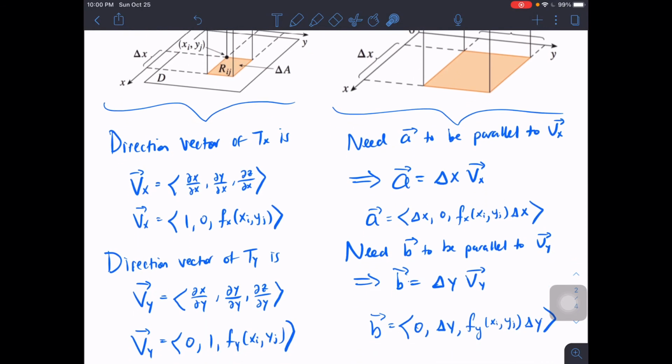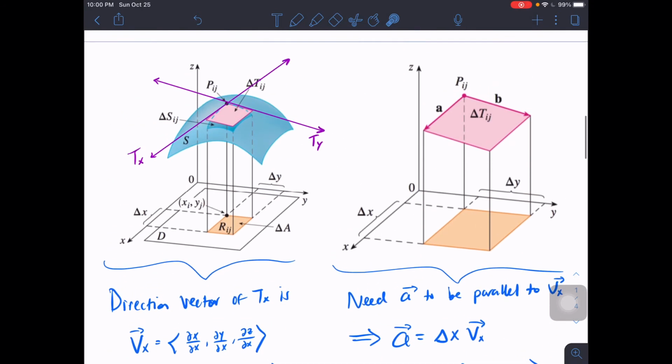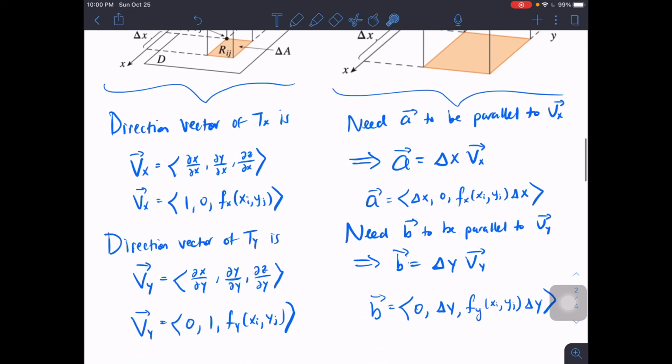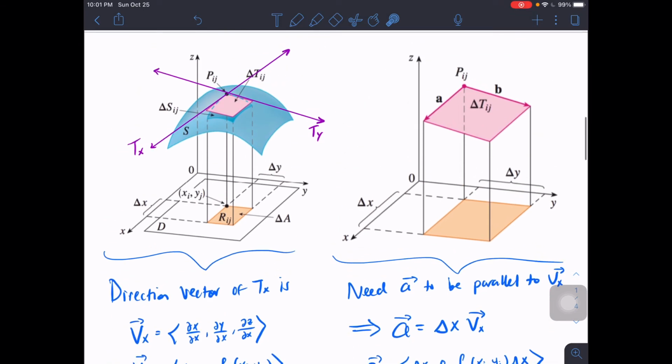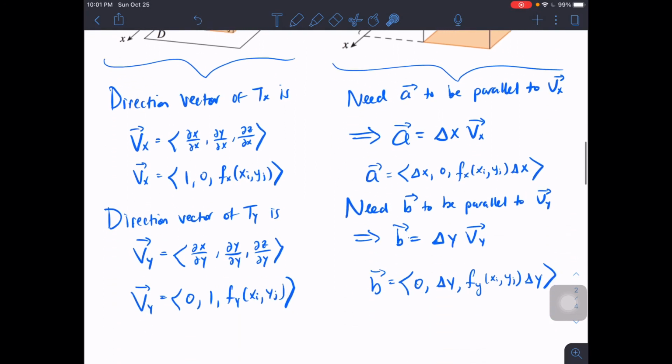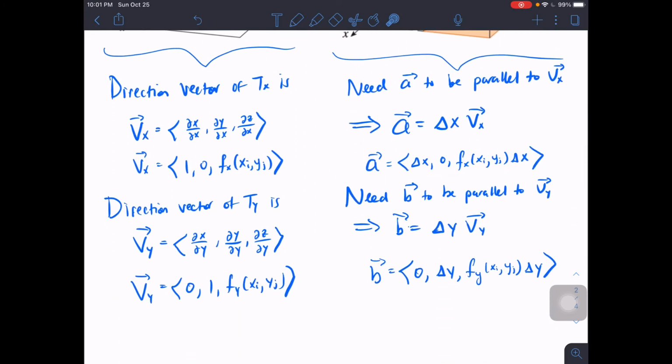And similarly, we want b to be parallel to the vector Vy, but Vy has y component 1, so we multiply it by delta y to give us the desired y component. Okay? So then these vectors a and b for any given point will always be of this form here, where the z component of those vectors will be determined by the partial derivatives at these points xi, yj. Okay?